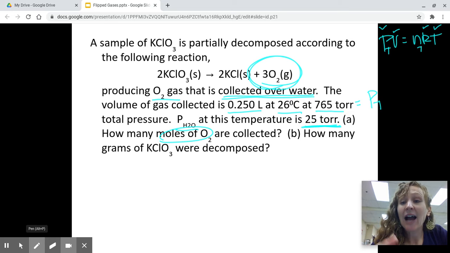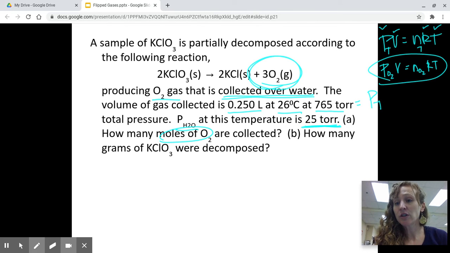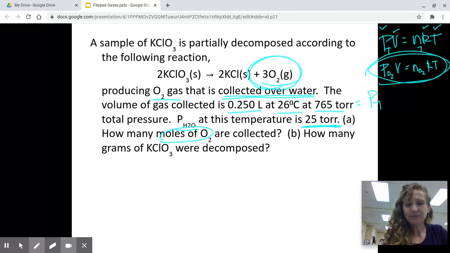If we figure out pressure of oxygen, we have the volume, because the volume of oxygen is the same as the volume total. We have R, of course. We have T for all of it. We can figure out n of just oxygen. So again, there's multiple ways we're going to figure this out. I'm going to use the partial formula because it's faster for me.